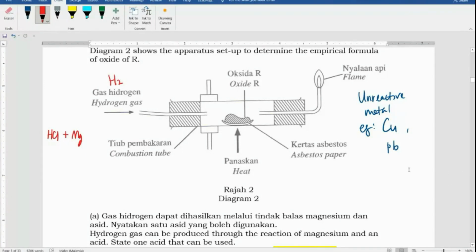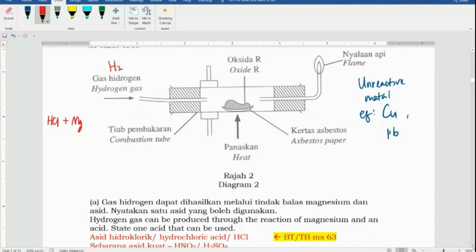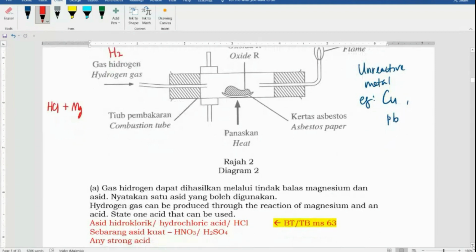So what acid? Hydrochloric acid, given to you already, right? Or any acid, nitric acid also can, sulfuric acid also can. You can use the name or the formula, doesn't matter.